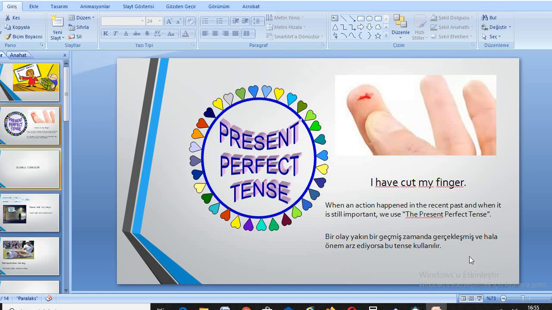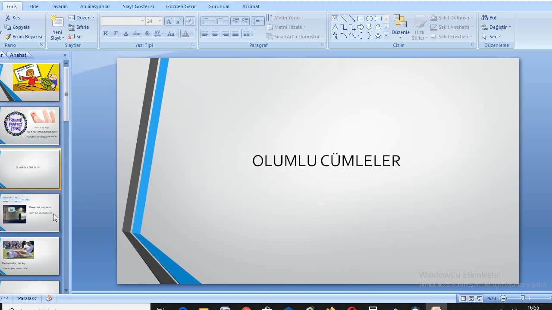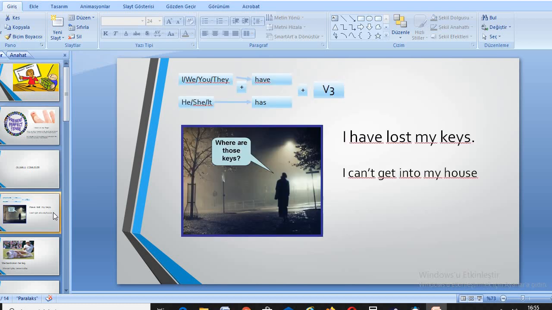Yes, you can read the Turkish one here. Okay, positive sentences. Look, in positive sentences, we use have and has, and then verb 3.